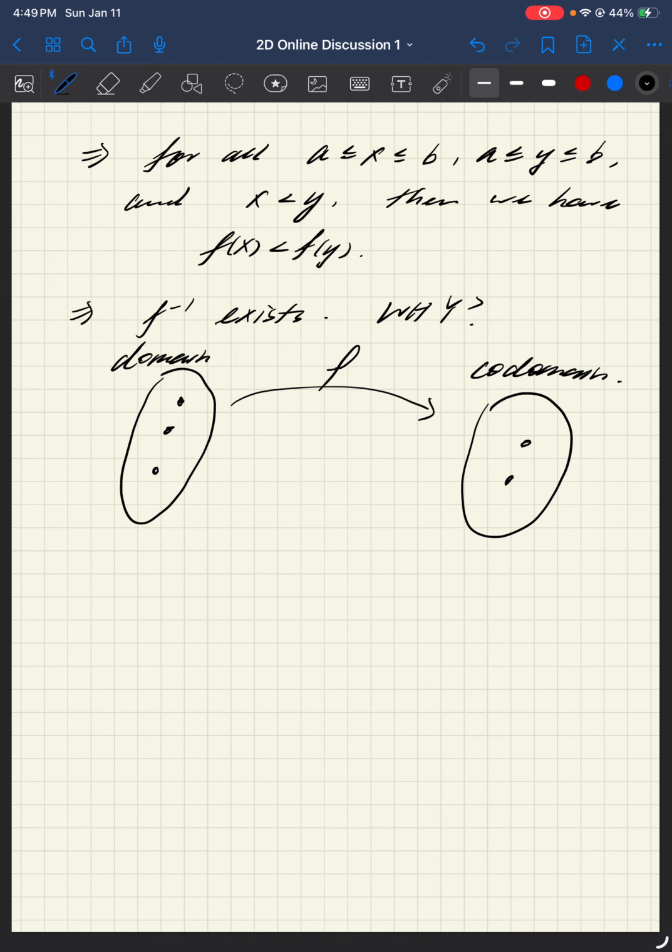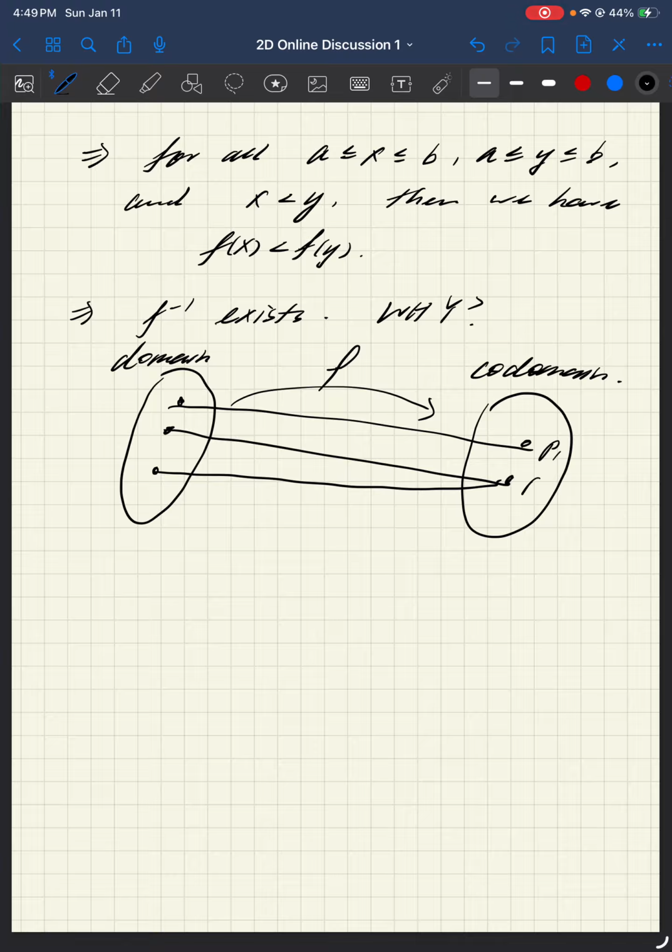Let's call the points in the codomain P1 and P2, and the points in the domain Q1, Q2, and Q3. If f maps 2 different points to the same point, then if I compute f inverse of P2, I have 2 answers.